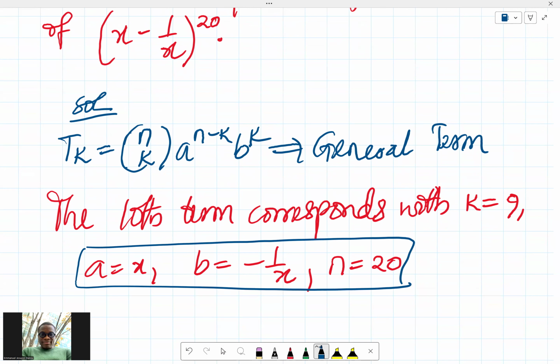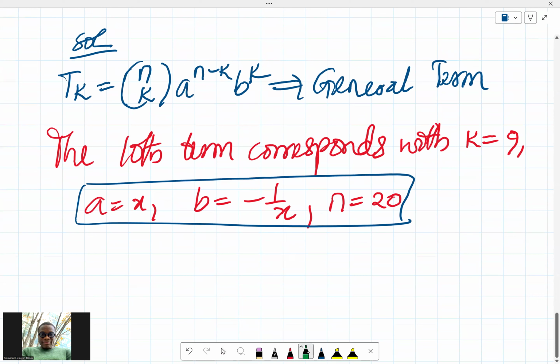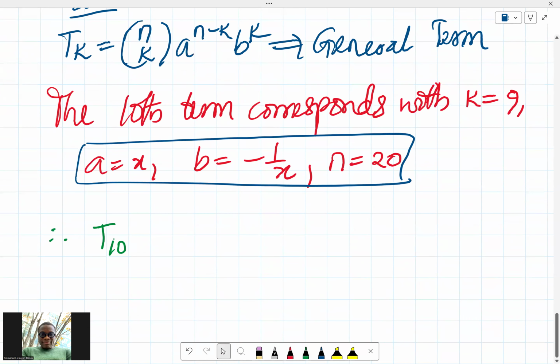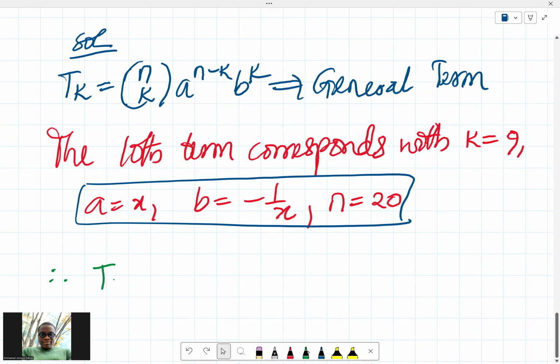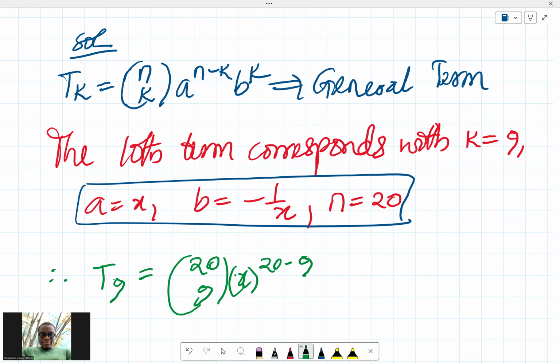So this is important. So we can say, therefore, the 10th term will be T9, because we start from 0. So now we have 20 combination 9, then a is x raised to power 20 minus 9, then minus 1 over x raised to power 9 itself.